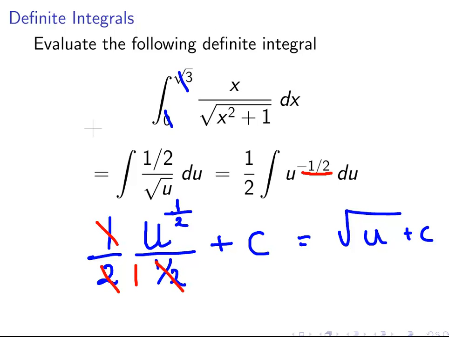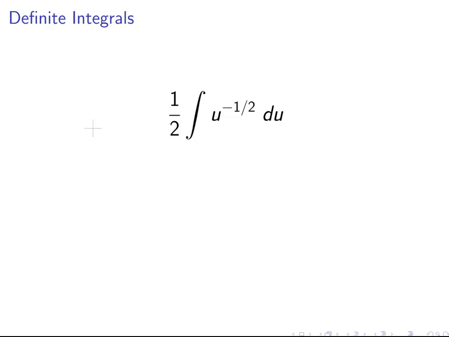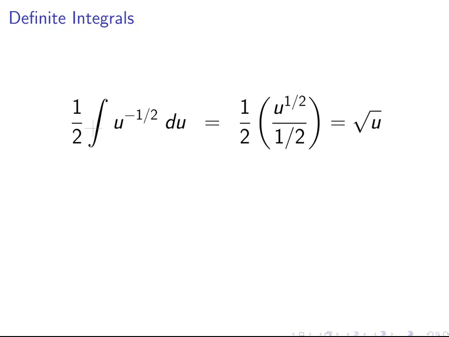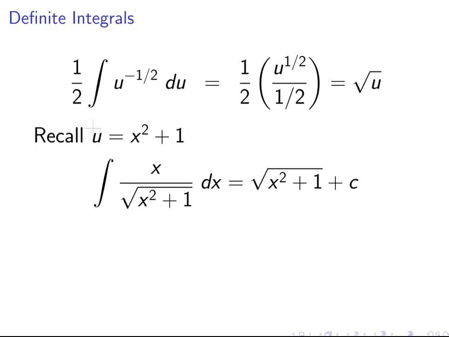Moving on to the next slide, this is where I have the square root of u plus c. Now I want to recall that we're going to go back to dealing with x and stop using u. So u was x squared plus 1, and this expression can be written as follows, because this expression up here is directly equivalent to this down here.